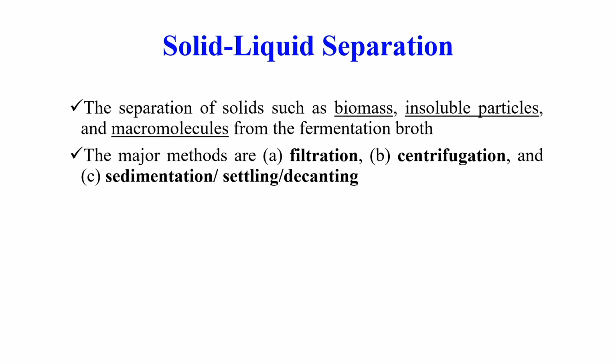So, solid liquid separation. What solid are we going to separate? The solids can be your biomass, insoluble particles or any other macromolecule from the fermentation broth. Once you have the fermentation broth, you are going to separate the cells, which we consider as the solid, and the supernatant, which we consider as the liquid.